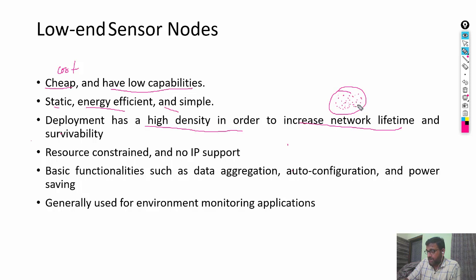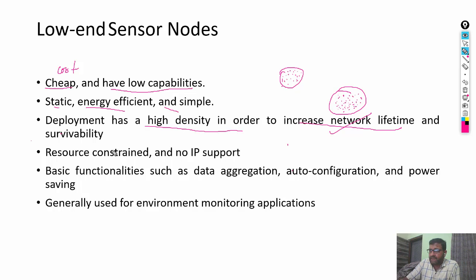The reason is to improve the lifetime of the network. If some node is out of order or not functioning, in the meantime the responsibility of that node will be taken care of by the adjacent node of that cluster.